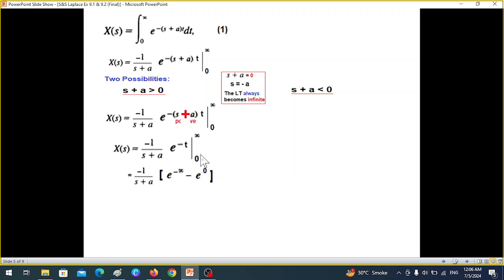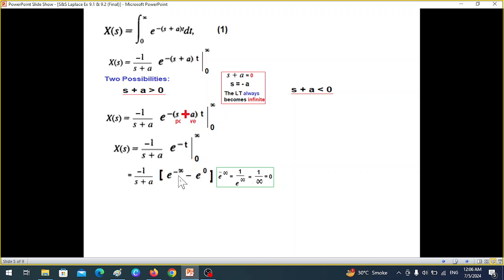Putting in the values of the limit now, e raised to the power minus infinity and e raised to the power 0. I'm sure you know the value of e raised to the power minus infinity. I'll just repeat it. E raised to the power minus infinity can be written as 1 over e raised to the power infinity. And e raised to the power infinity is infinity. So 1 divided by infinity is equal to 0.